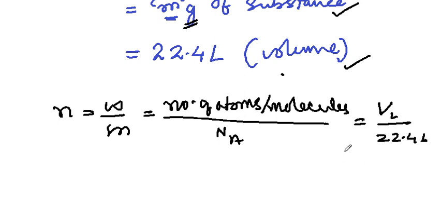By using this particular formula, we can get the number of moles. If the number of moles is provided, we can get the weight of the substance, and if any of these are provided, then we can find the number of atoms or molecules, or if they're asking us to find a volume, then we can find the volume.